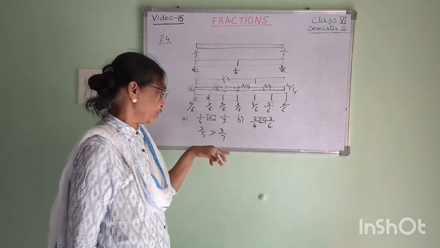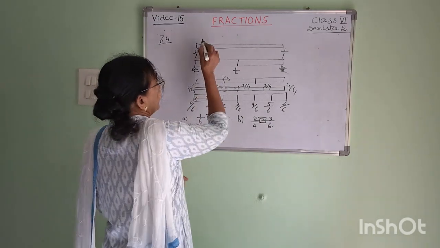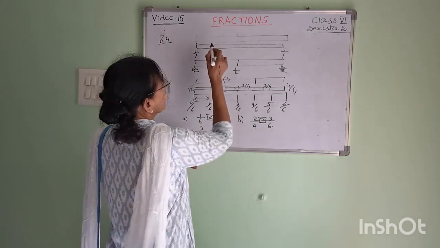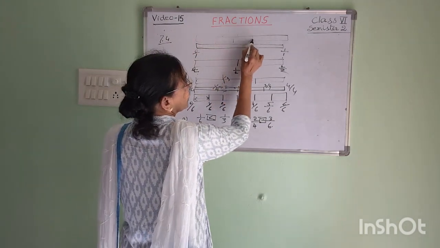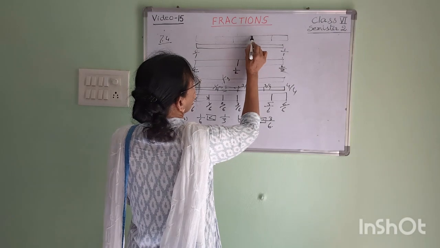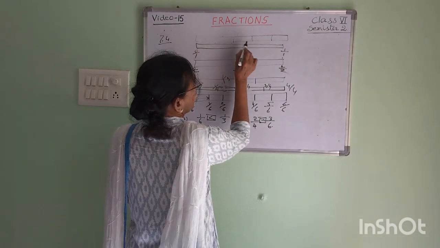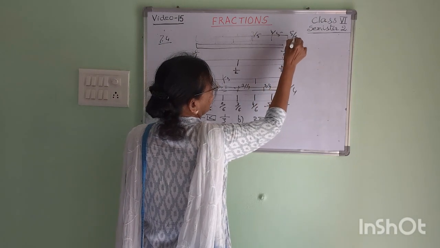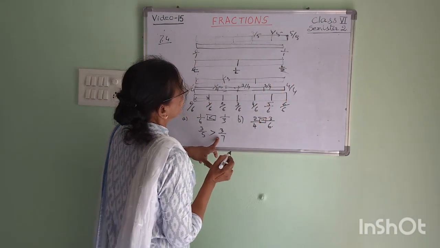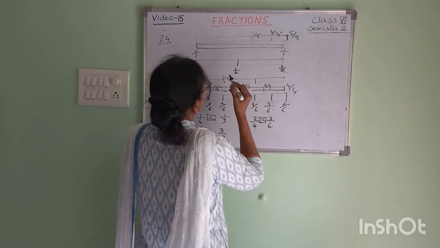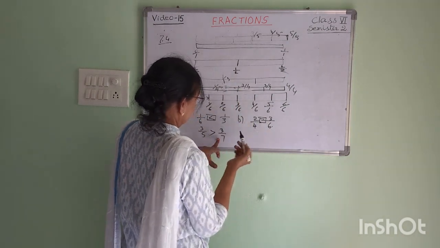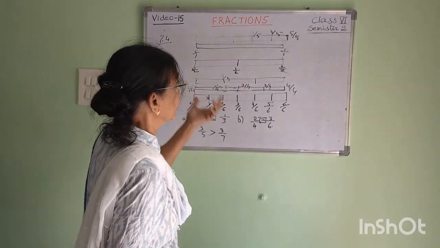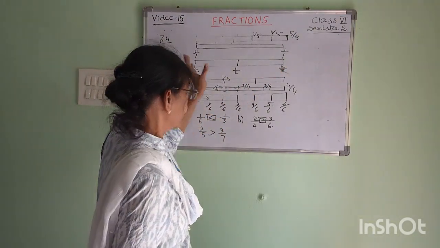According to the picture also we can see it and compare. 5 equal portions: 1, 2, 3, 4, 5. This is 0, 1 by 5, 2 by 5, 3 by 5, 4 by 5, 5 by 5. For 3 by 7, we have to draw another, making 7 parts and taking 3 parts.